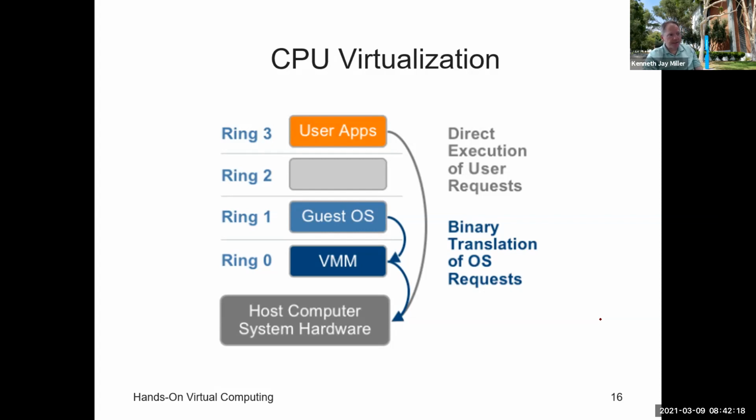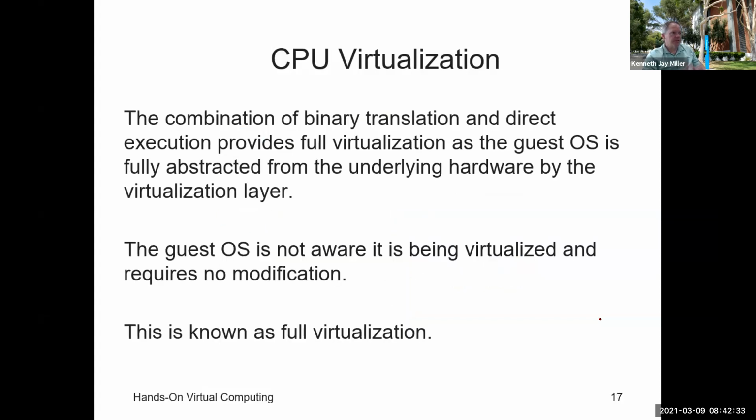But this concept of binary translation opened up the ability to virtualize just about anything. The combination of binary translation and direct execution provides full virtualization, as the guest OS is fully abstracted from the underlying hardware by the virtualization layer.